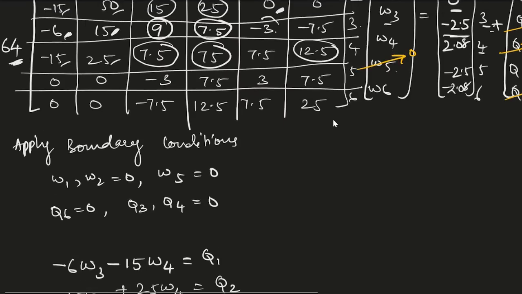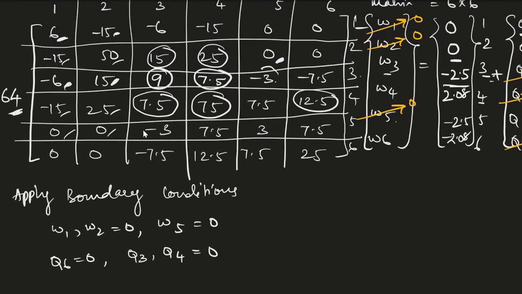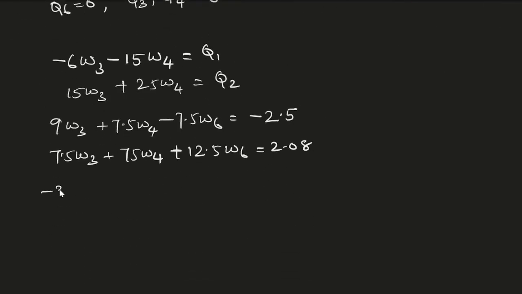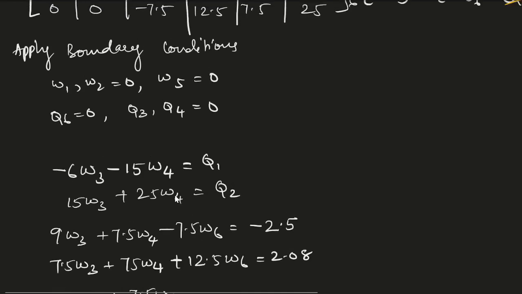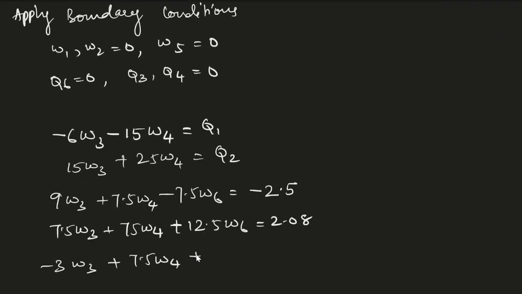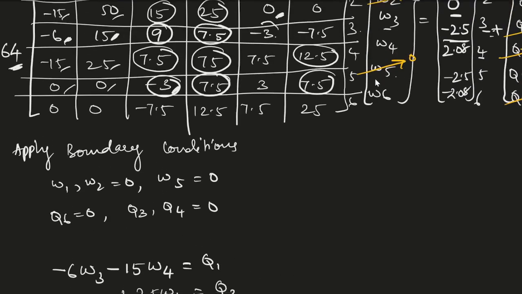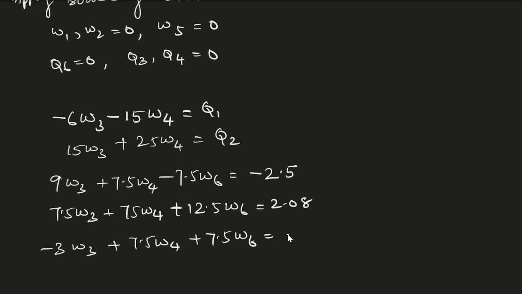In the fifth equation, the first two are 0. So minus 3 w3 plus 7.5 w4 plus 7.5 w6. This is equal to, since we are dealing with the fifth row, minus 2.5 plus q5.